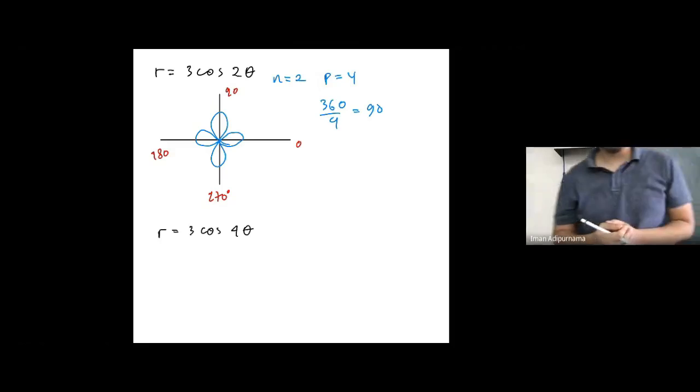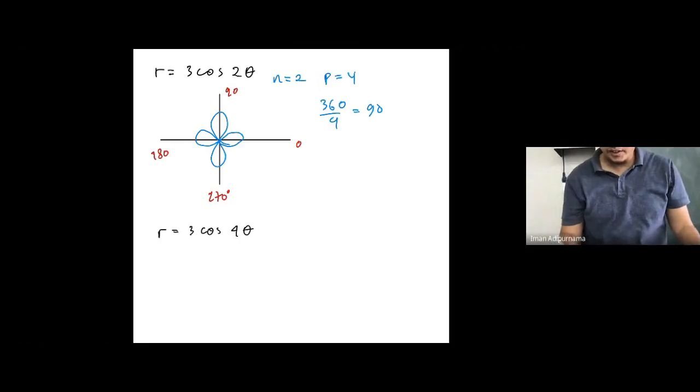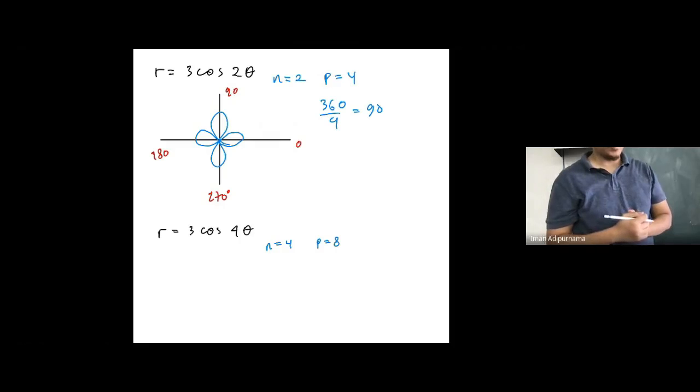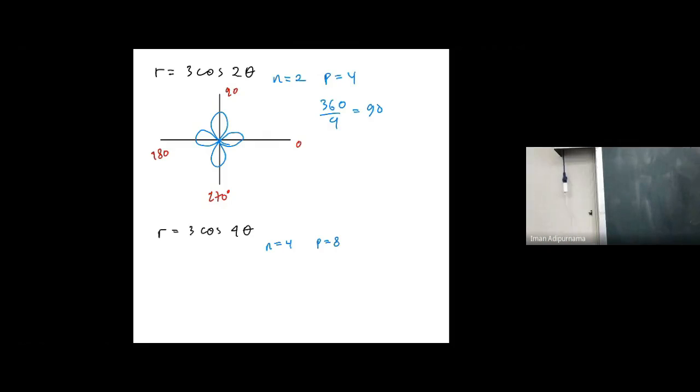Now let me write the n. n is 4, p is 8. But which 8? The idea for cosine is you will have the 4 same angles as the first one, but you add another one in the middle.